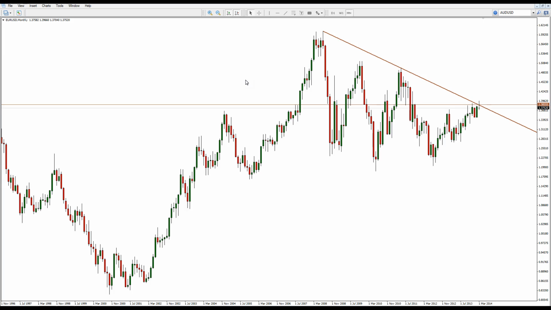The second very strong information is the fact that the price didn't close above this dynamic resistance.